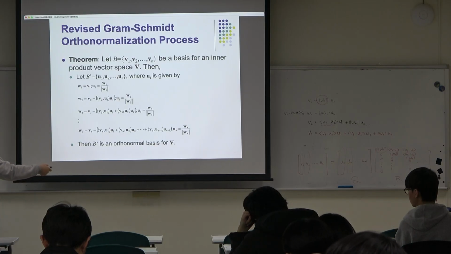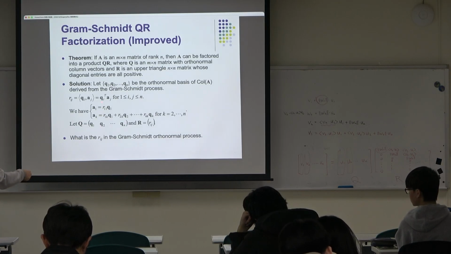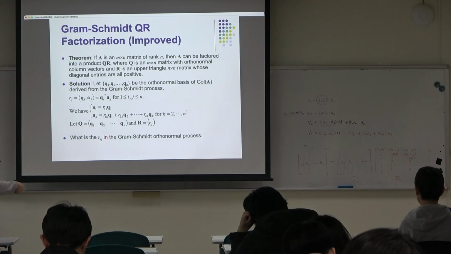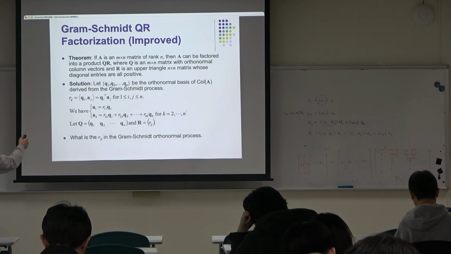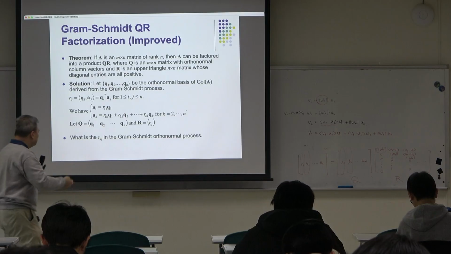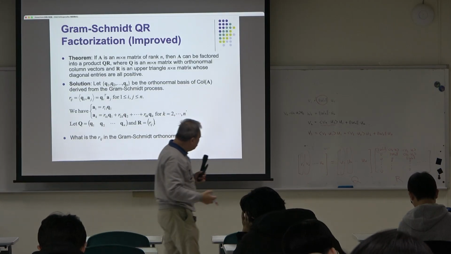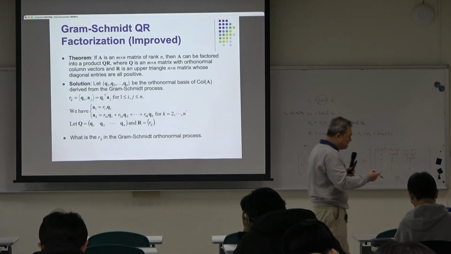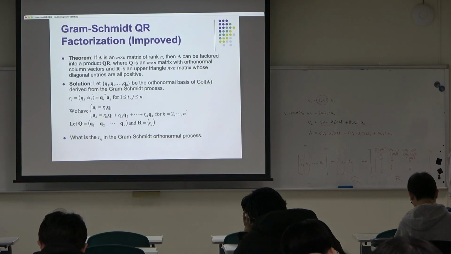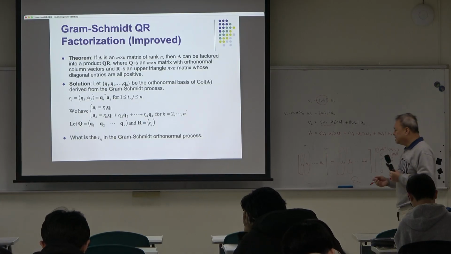That actually is what we have here. And your Rij basically is what we are talking about. So basically, the whole decomposition represents the Gram-Schmidt orthonormalization process.